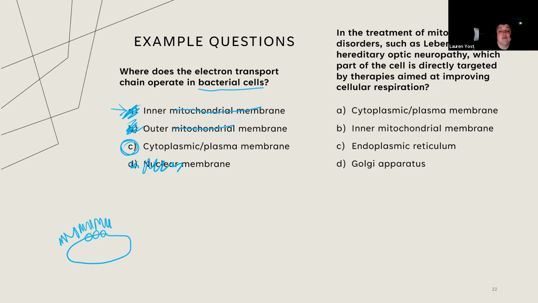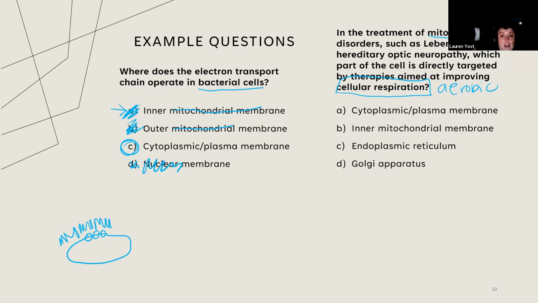In the treatment of mitochondrial disorders, such as Leber's hereditary optic neuropathy, which part of the cell is directly targeted by therapies aimed at improving cellular respiration? Well, we know cellular respiration, also known as aerobic respiration, all happens in the mitochondria on the inner mitochondrial membrane.